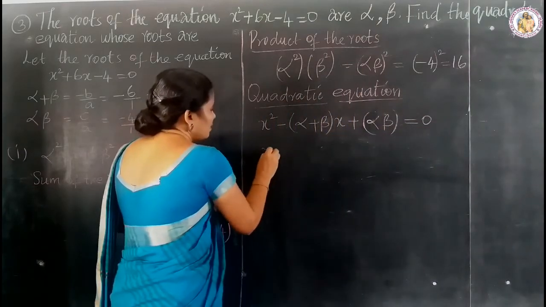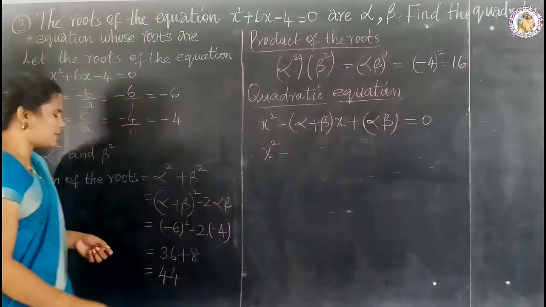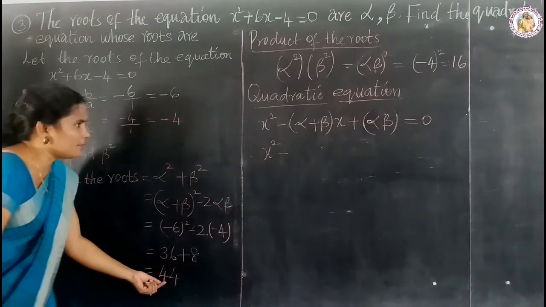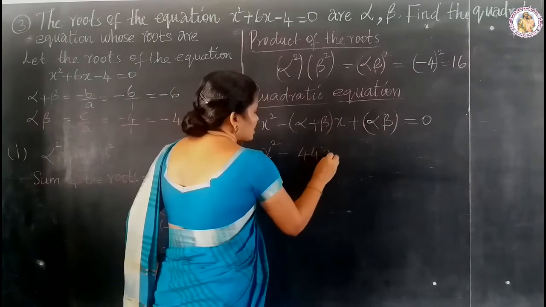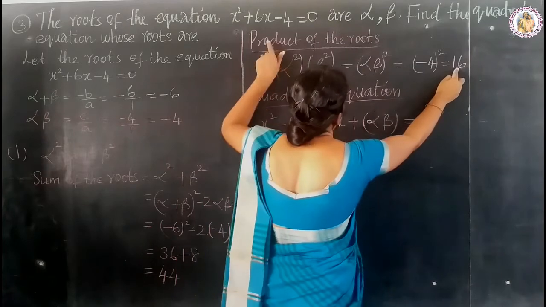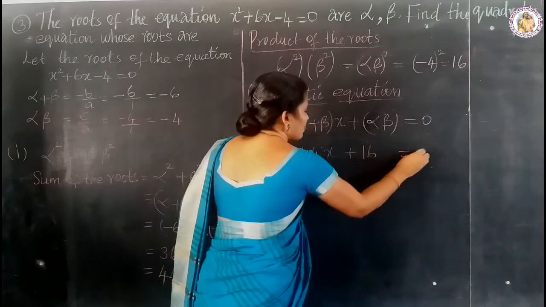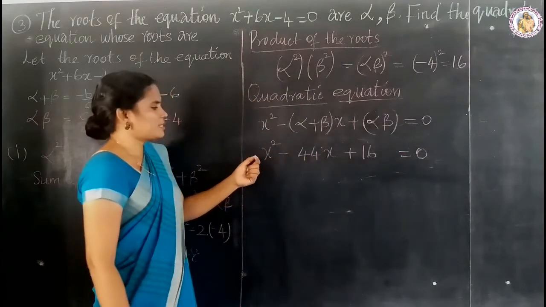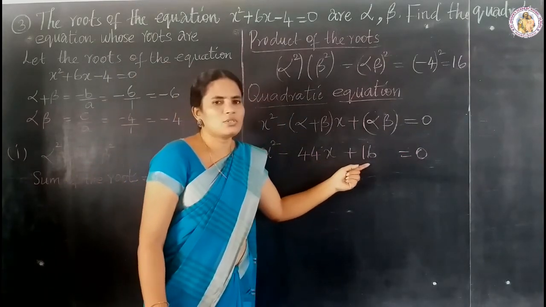So x square minus sum of the roots, we got 44. So 44x plus product of the roots is 16. Is equal to 0. So the quadratic equation is x square minus 44x plus 16 is equal to 0.